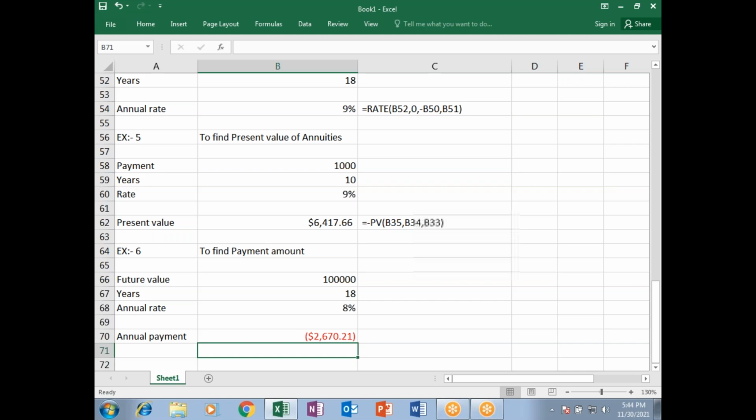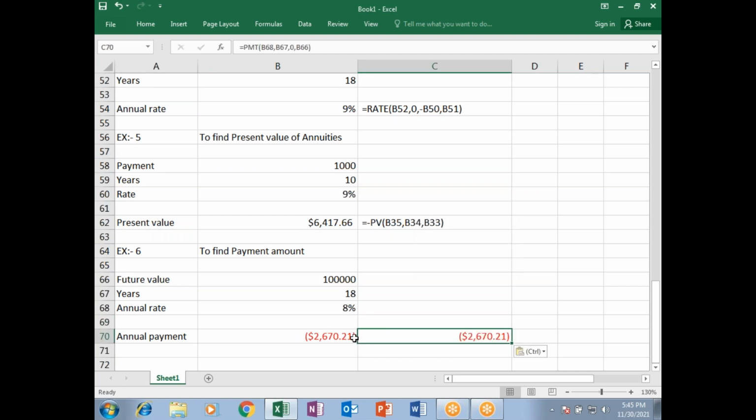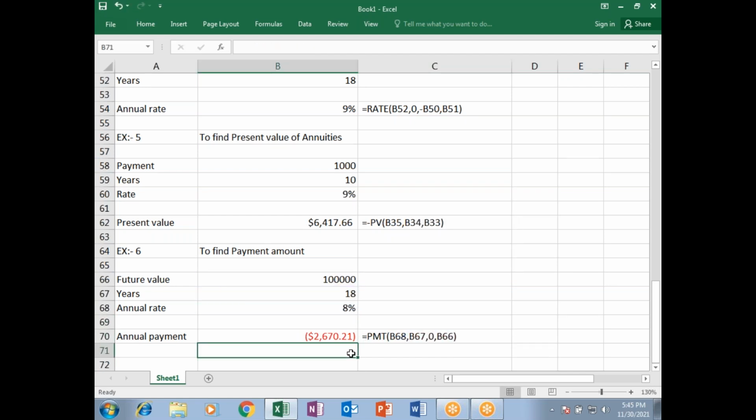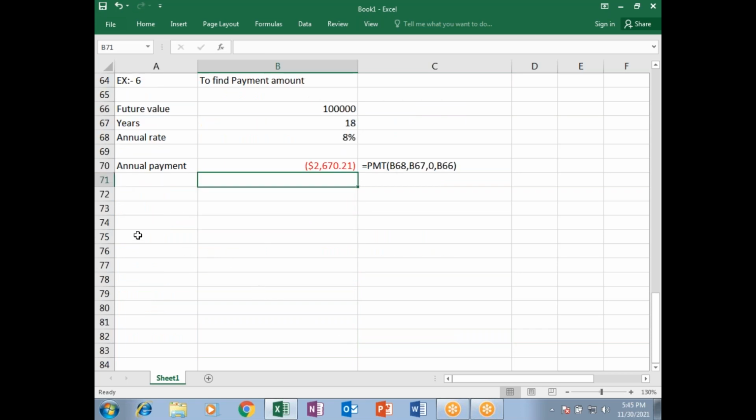But if I have the present value, then I will make it positive to represent the positive answer. Here I just have only the future value. Same thing I'll continue.